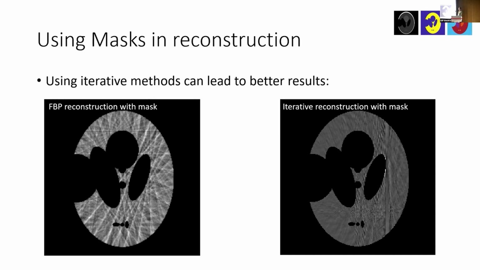Here what we project onto just applies the mask to the image. You do that iteratively. And we see we don't have quite as many artifacts. We have different types of artifacts that seem to creep in if you use this mask and run it for too many iterations. So there are instabilities, and this is a projection with, I think, just 18 projections. So it's quite a challenging problem to solve.